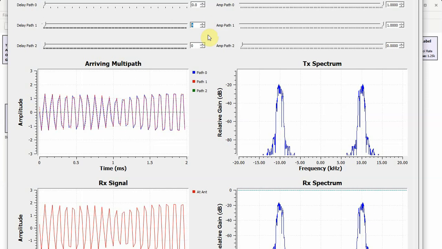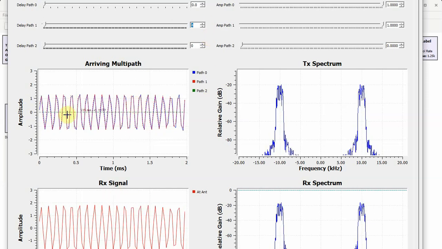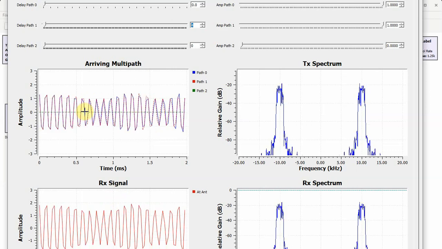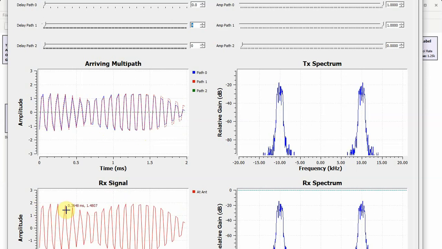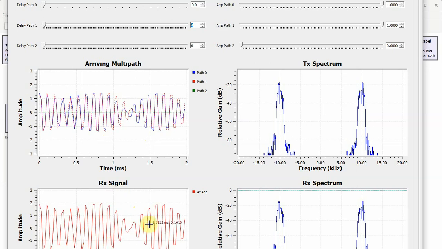Let us make the delay of this first multipath to 4. You can clearly see that the waveform is from -1 to 1, but the received signal where these two signals are adding in phase has a peak to peak swing of -2 to 2. This is called constructive interference.